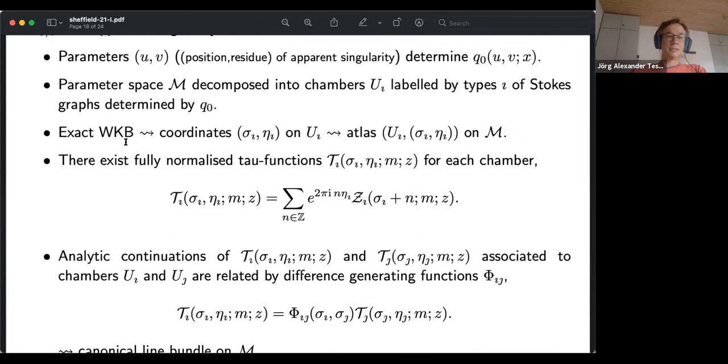Well, then, at least once these caveats that I pointed out are removed, the exact WKB would give us coordinates for each of these chambers. So we would thereby get an atlas on our parameter space M, covered with these coordinates sigma_i, eta_i, which we can, with a little bit of extra work, make into Darboux coordinates. That is another thing that I kept a little bit under the rug.